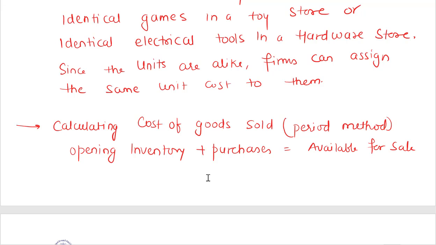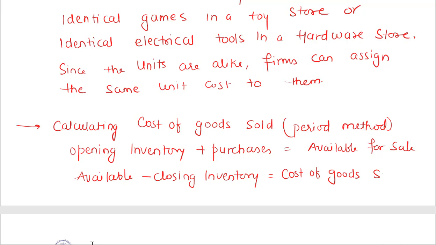Inventory available for sale minus closing inventory equals cost of goods sold, COGS. That is COGS.